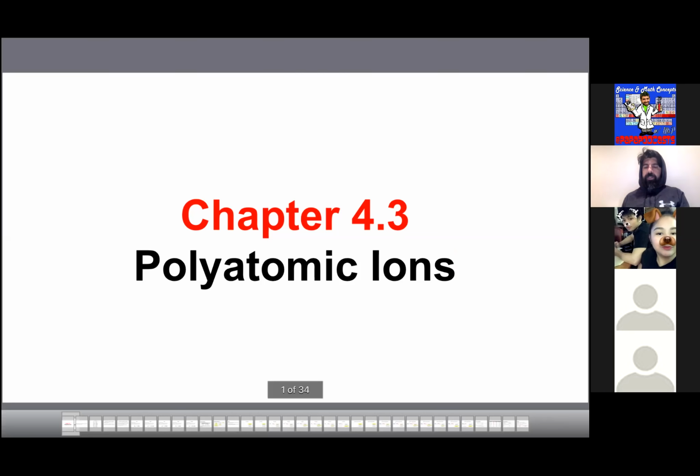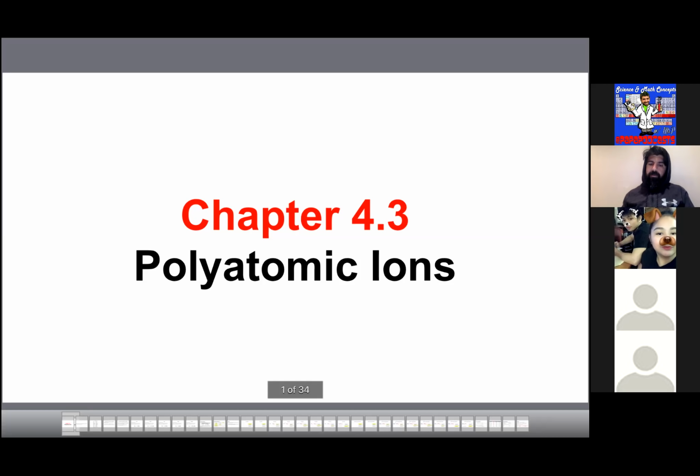Typically, we do a test at the end of the naming. We're not going to be able to do the test for naming. So luckily for you guys, you're not going to have to memorize the polyatomics, but typically I have my students memorize the polyatomics. Okay.